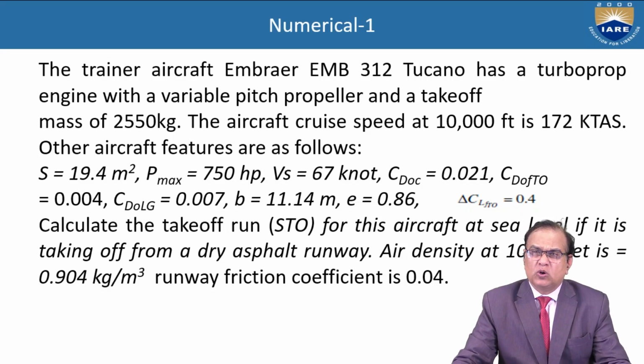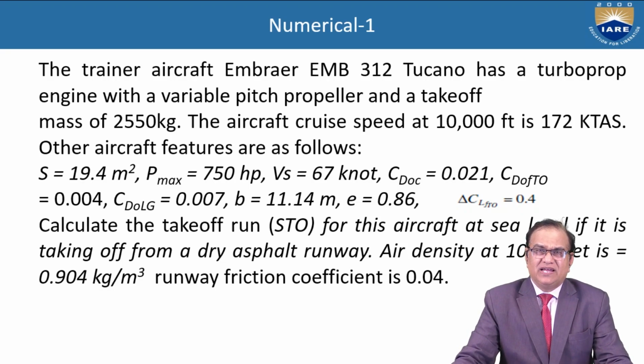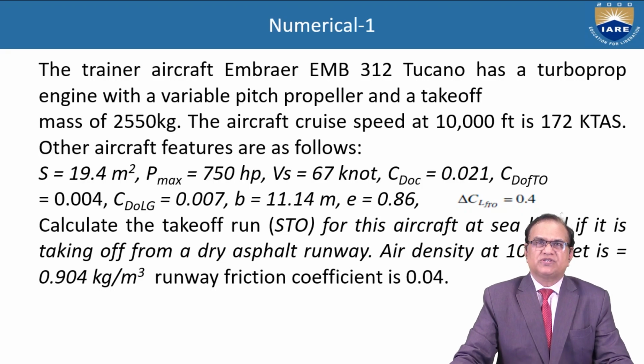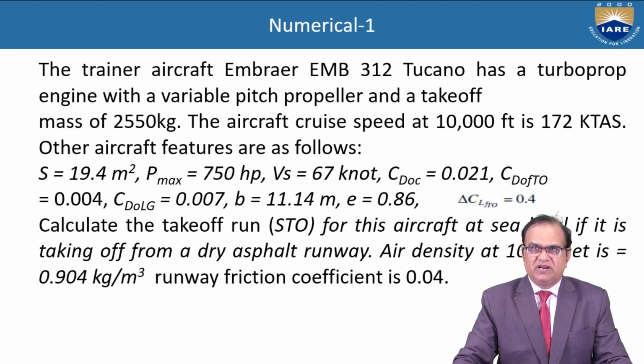The aircraft cruise speed at 10,000 feet is 172 knots true airspeed, that is KTAS. Other aircraft features are as follows. S is equal to 19.4 meter square. Power maximum is 750 horsepower. Stall speed is 67 knots.